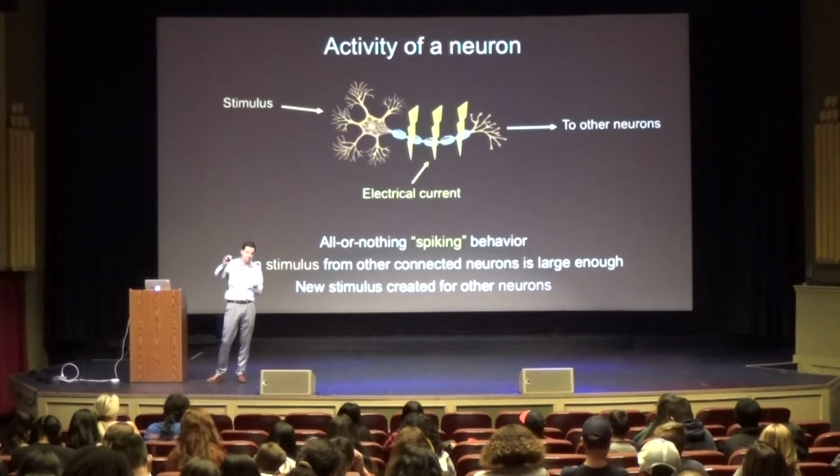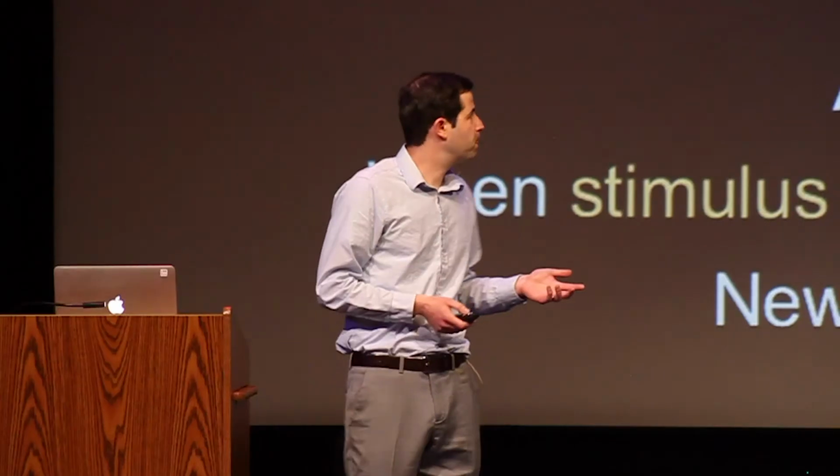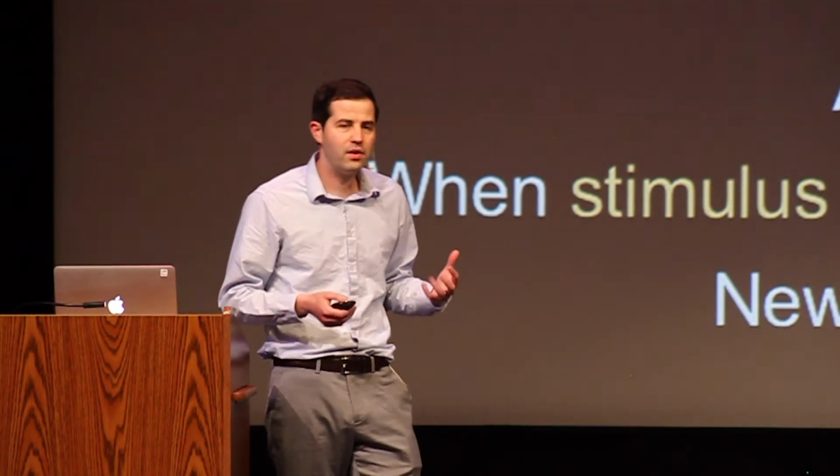The signal then is transmitted to the other neurons that it's connected to. Now, while we understand very well how a single neuron works, the truth is that when you put it in such a large, complex structure, 86 billion neurons in the brain, we don't understand how that large structure works.